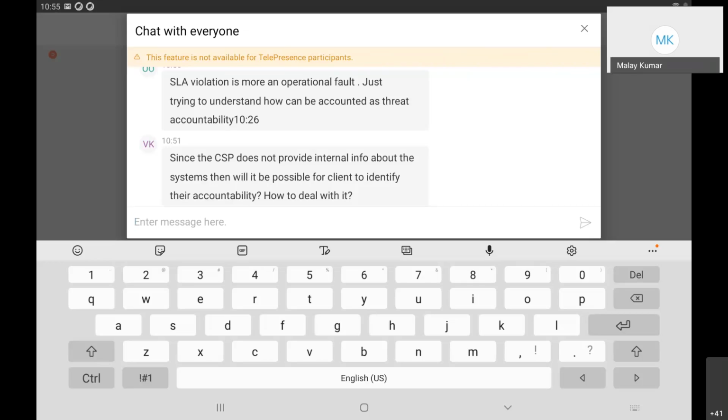As for the last question, how it is possible to identify the accountability, we will discuss that in the defense strategy. Till now I have discussed the threat model, not the defense strategy.